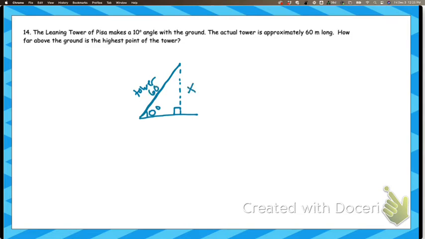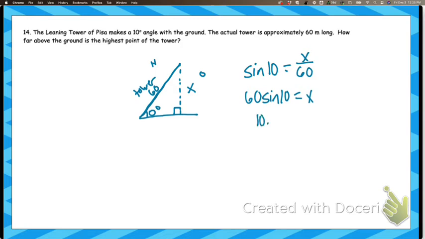Once your picture is drawn, this is hypotenuse, this is opposite. So we're going to use sine. So sine 10 is x over 60. Multiply both sides. Plug in 60 sine 10. And I end up with 10.42.